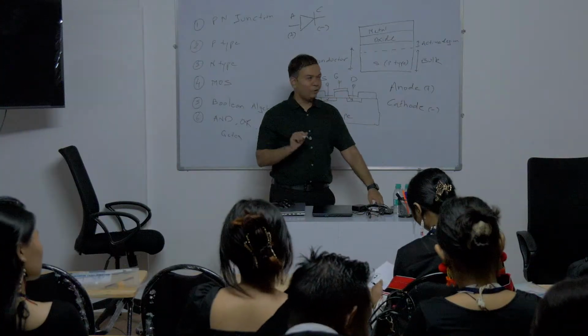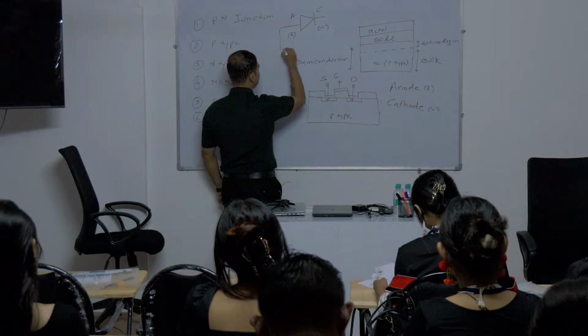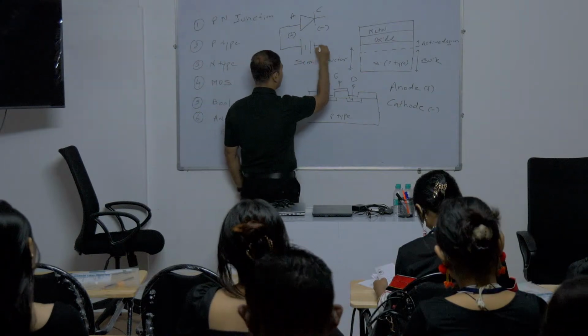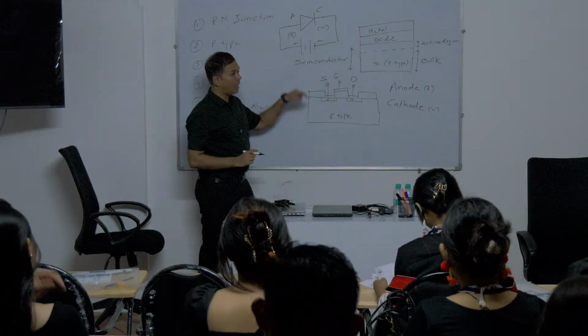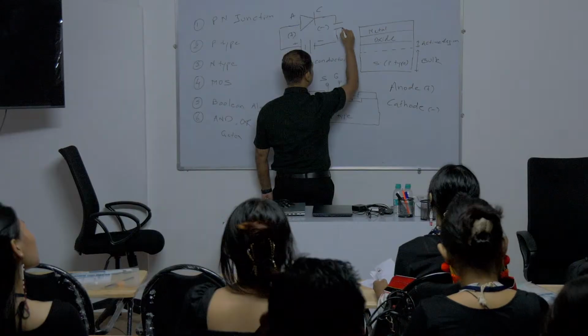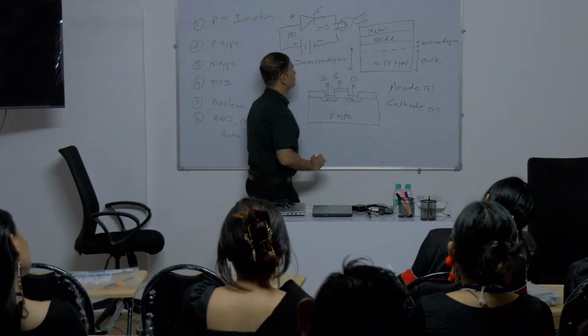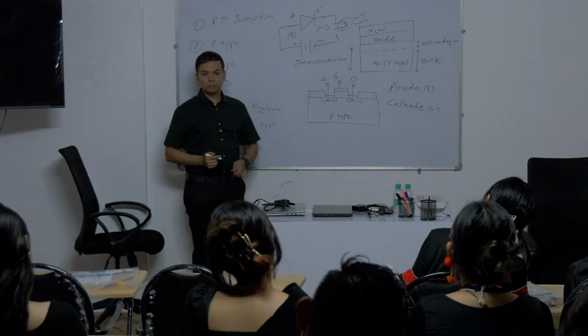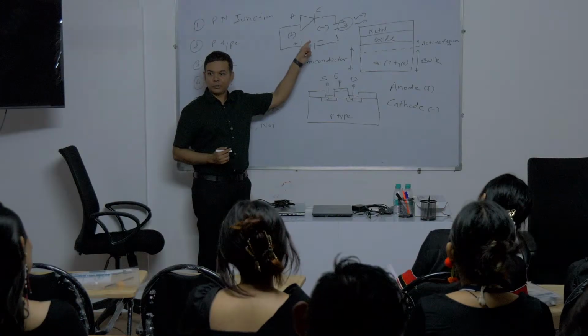Understood? So now if you connect your anode to the positive, tell me what will happen, and let us say that we connect an LED over here. Will this glow? It will glow, right? Why? Because this is forward biased. Yes or no?